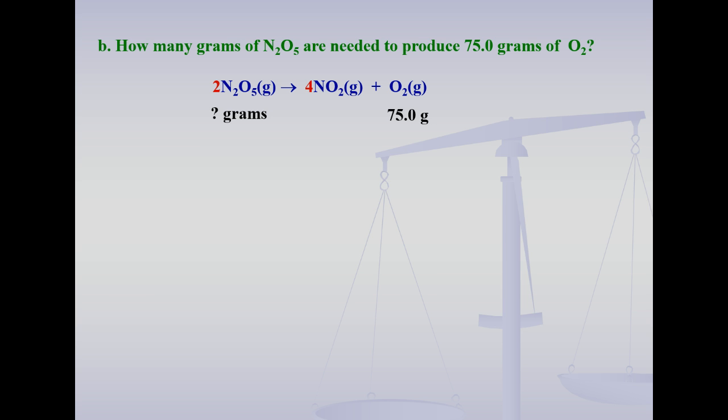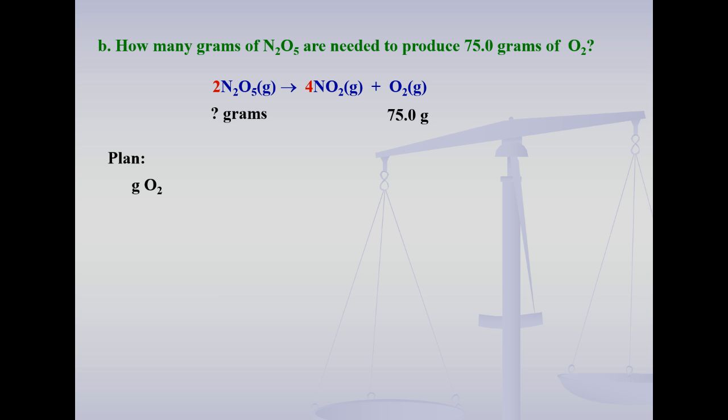How many grams of dinitrogen pentaoxide are needed to produce 75.0 grams of oxygen? So I already have the unknown listed and the given listed. So we're going to set up our plan. What are you going to start with? Okay, good. It's grams of oxygen.